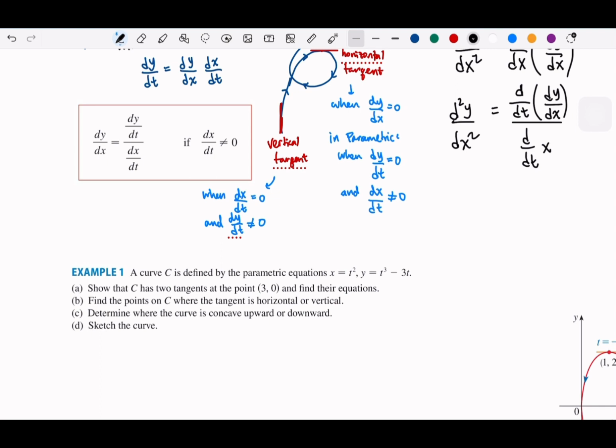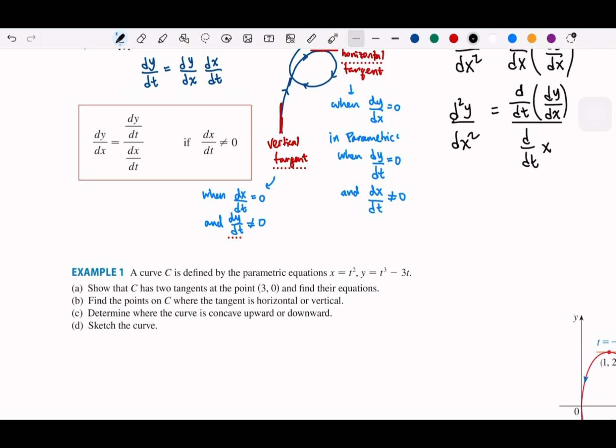Example one: a curve defined by parametric equations. That's our equation. Show that C, the curve, has two tangents at the point (3, 0), and find their equations. So (3, 0) is the x, y coordinates, which means that we could determine the t. B: find the points on the curve C where the tangent is horizontal or vertical.